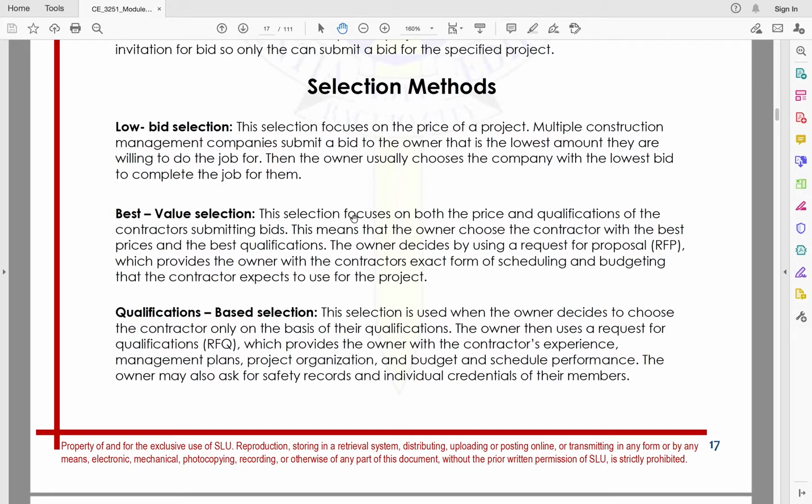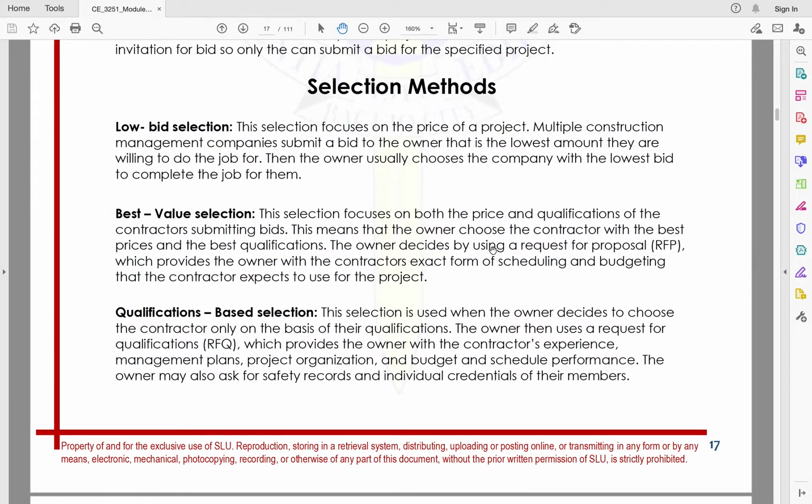So this selection focuses on both the price and qualifications of the contractors submitting bids. So this means the owner chooses the constructor with the best prices and best qualification. Now, for example, sabihin natin, sige, tapusin natin.